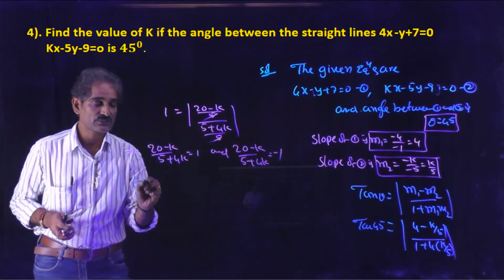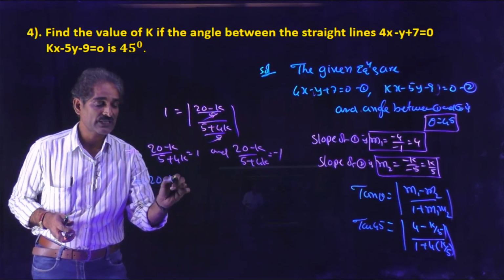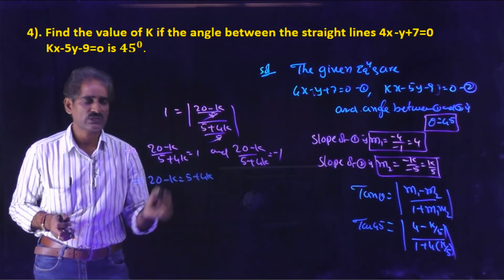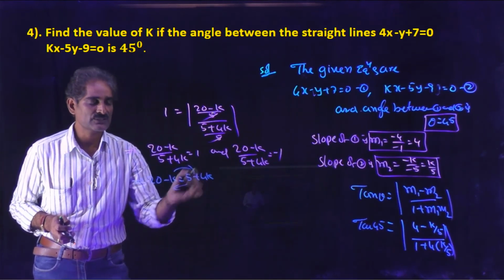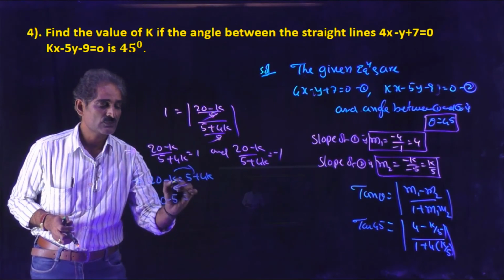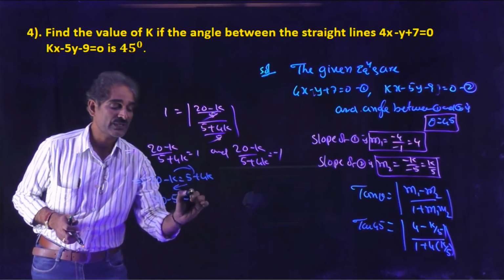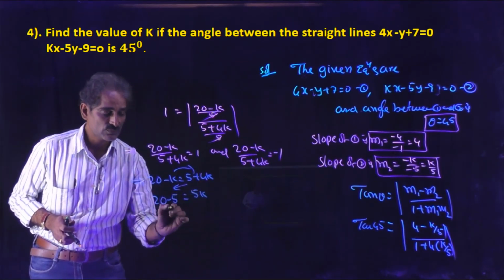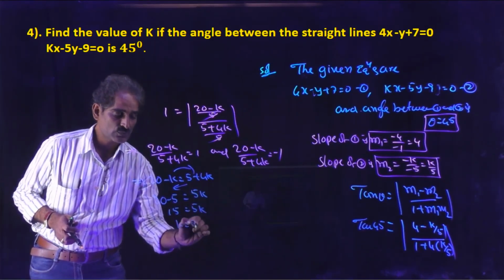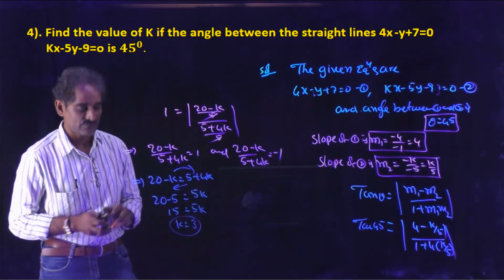So from the first, 20 minus k is equal to 5 plus 4k. Here we have to find the k value, so separate the constant terms and k. So 20 minus 5 is equal to k plus 4k, 5k is equal to 15, k is equal to 3. This is one value for k.